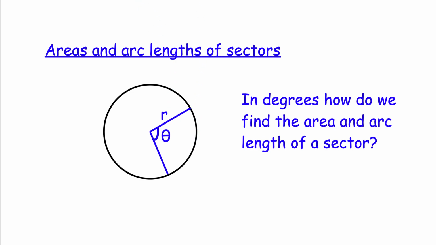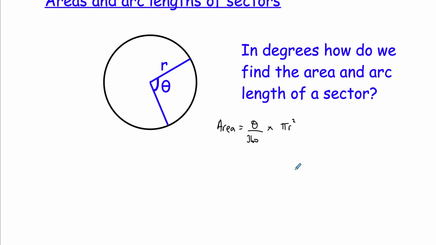If our angle is theta degrees, the area is theta out of 360 times pi r squared, the area of a circle, and the arc length is again theta out of 360 times 2 pi r.